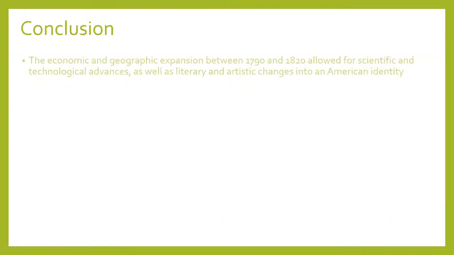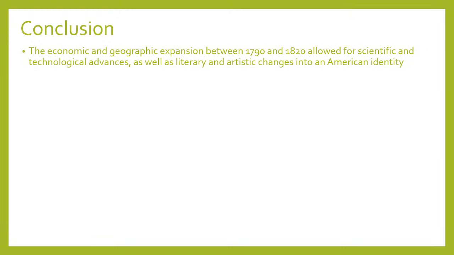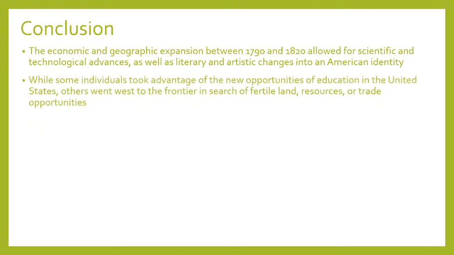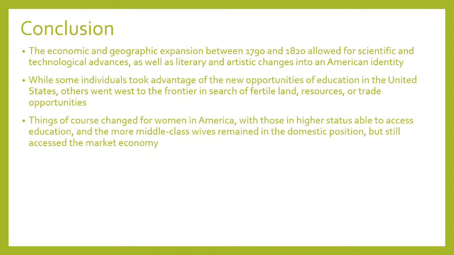So the conclusion can be done now. Again, the American expansion, scientific and technological advances, literary and artistic changes. Some people could take advantage of these opportunities. Others went west. Some women in higher status could actually take advantage of education, while middle-class women were stuck where they were.